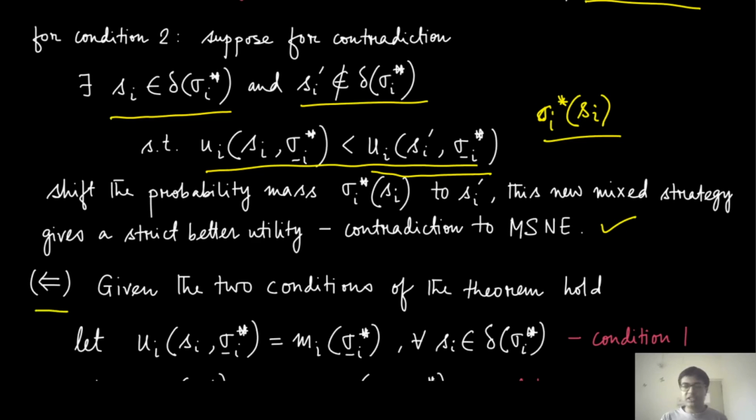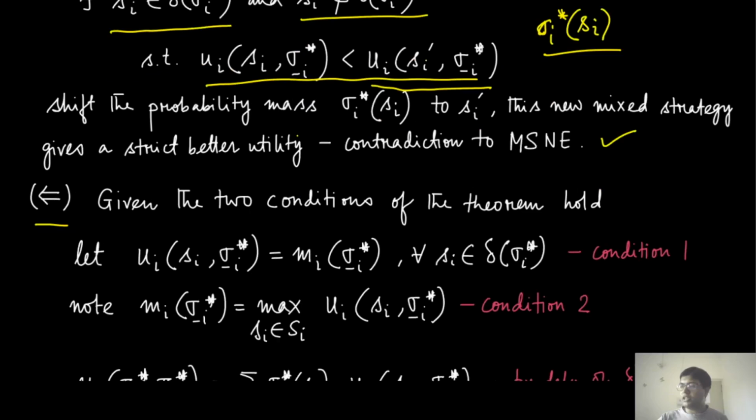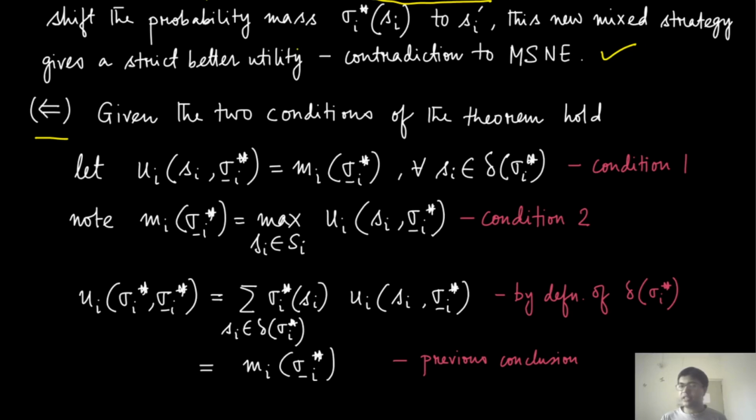So to prove the reverse direction, the if direction, that means you are given these two conditions. Now you will have to prove that sigma i star, sigma minus i star must be a mixed strategy Nash equilibrium. So what is given to us?